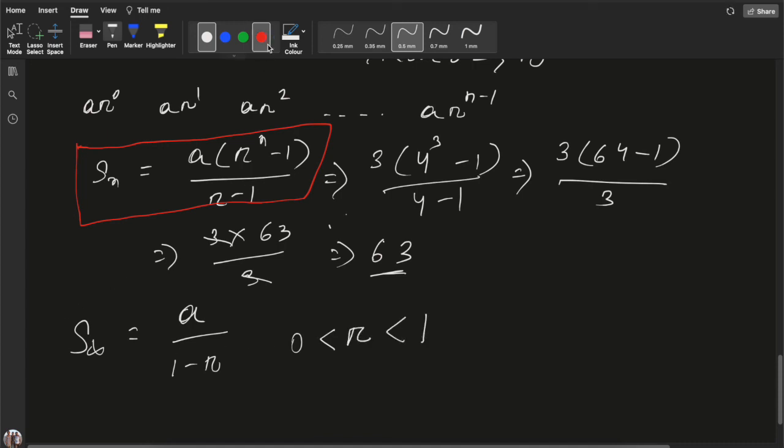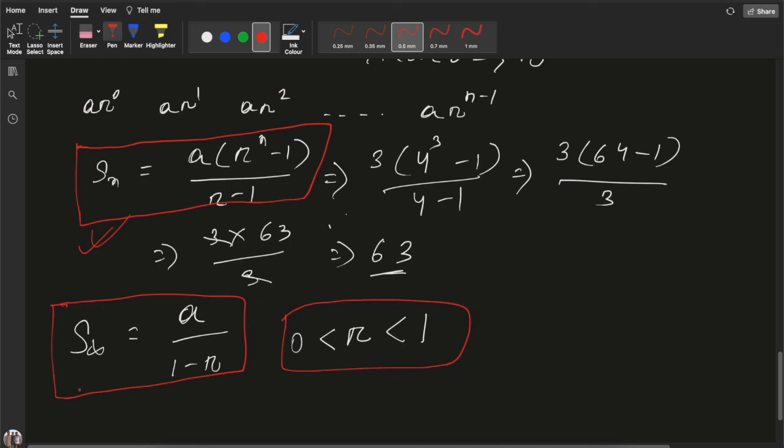So this is the extension of this formula. When we don't know the nth term and R is between 0 and 1, we can use this formula.